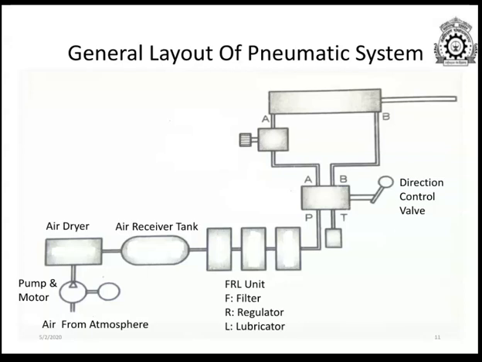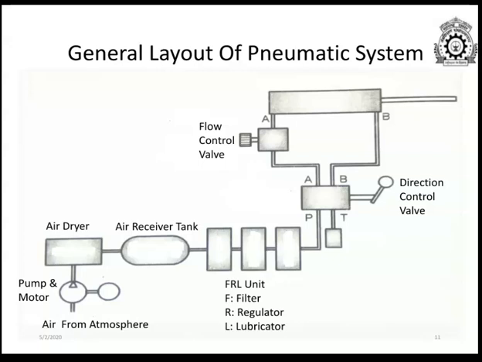In direction control, four ports are there: P, T, A and B. P is for the pump port, T is for the tank port, A is for the extension port, and B is for the retraction port. So here the pump port is connected to the actuator port. So that air is supplied to the flow control, where we can control the flow, and whatever air is stored here, we can give the extension operation.